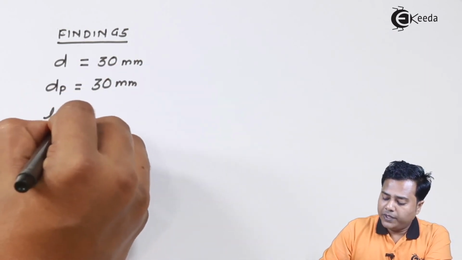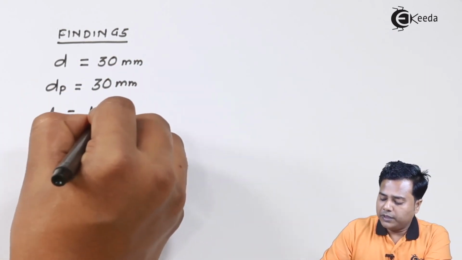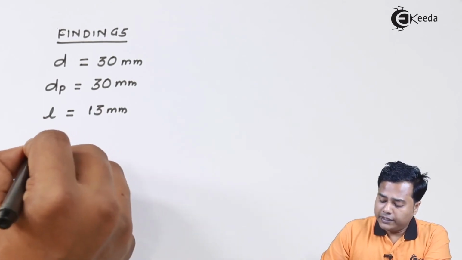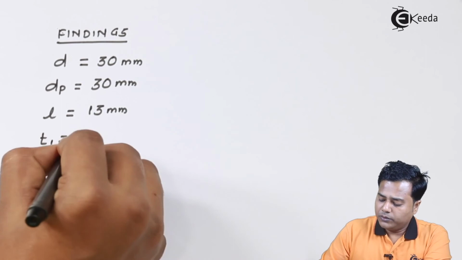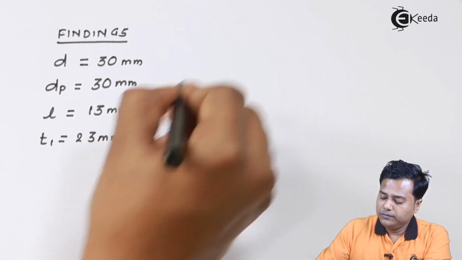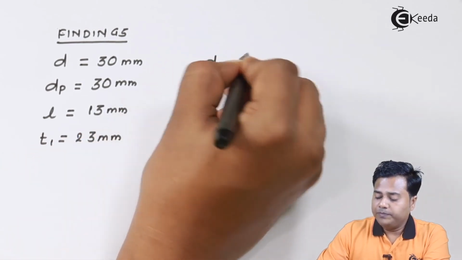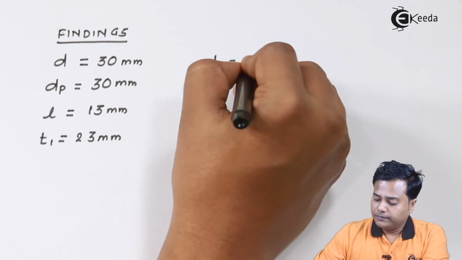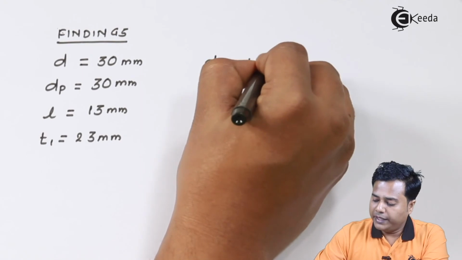The length of pin we found out was 13 mm. The thickness of the forked ends we found out was 23 mm. The diameter D1 for the forked end as well as the eye end we found out was 120 mm.